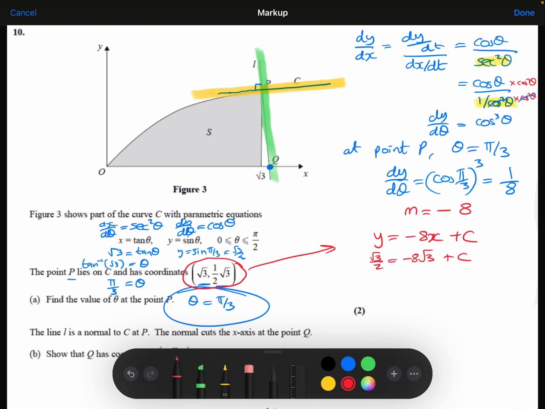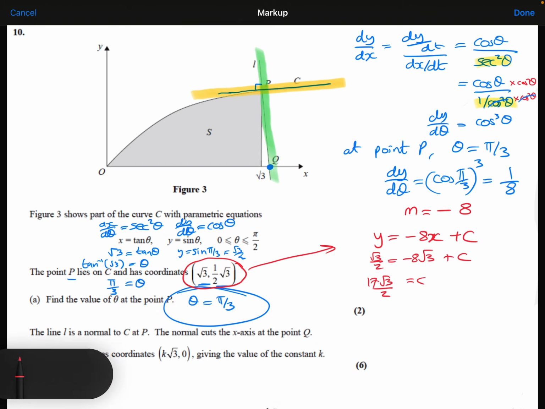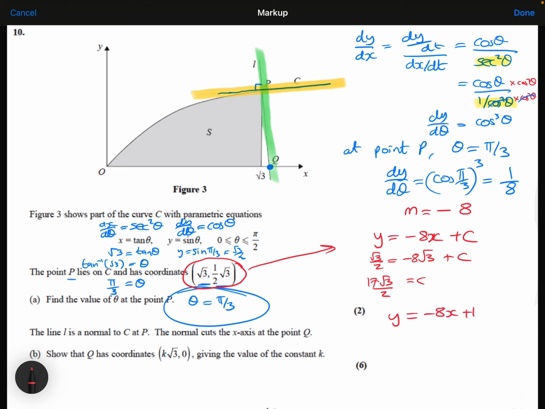So therefore, c is going to equal 17 root 3 over 2. So the equation of my normal then is y equals minus 8x plus 17 root 3 over 2.